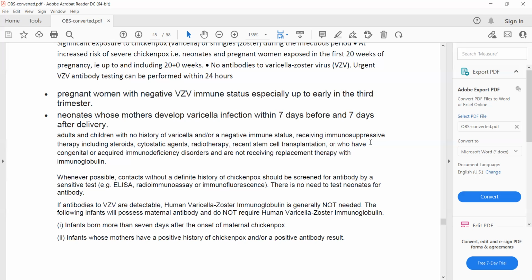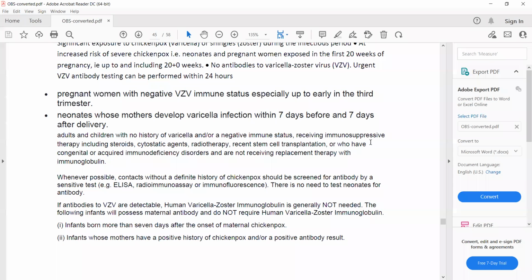And a third indication is we give immunoglobulins to those patients who are immunocompromised. So pregnancy, neonates, and immunocompromised patients such as those taking steroids or someone who has an immunodeficiency disorder.